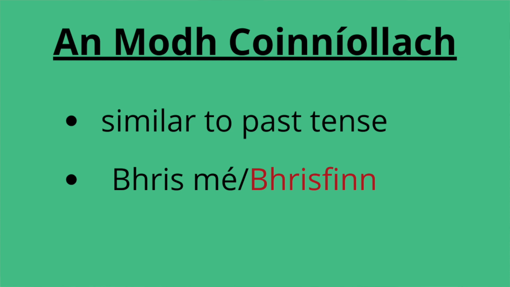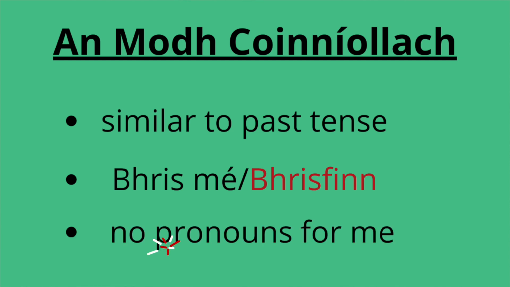So the first half of that word is exactly the same as the past tense of the Irish verb, which is often the case when it comes to the Modh Coinníollach. Another thing you might notice is that there is a distinct lack of pronouns for "me" in the Modh Coinníollach. If you look at bhrisfinn there in the red writing, there's no mé, nothing like that. It's just bhrisfinn.